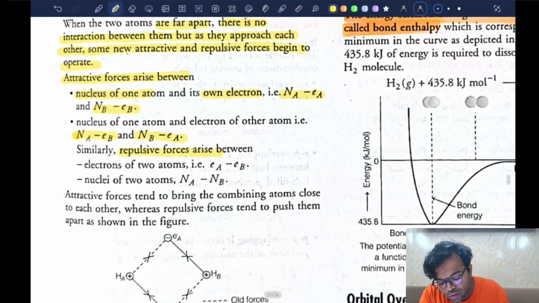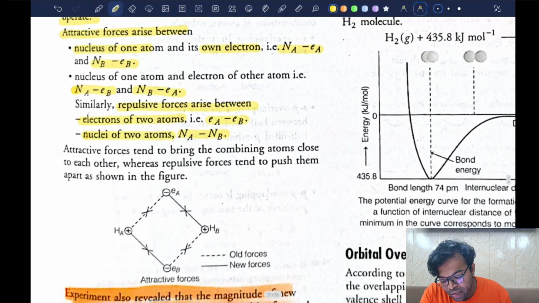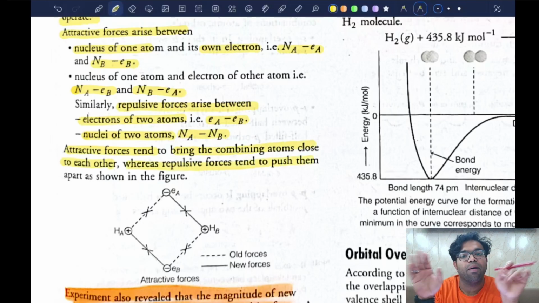Similarly, repulsive forces arise between the electrons of the two atoms, that is EaEb, and between the nuclei of the two atoms, Na and Nb. Now, the attractive forces tend to bring the combining atoms close to each other, whereas the repulsive forces tend to keep them apart.